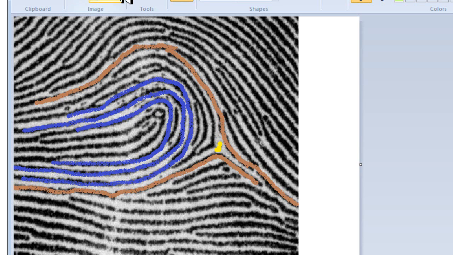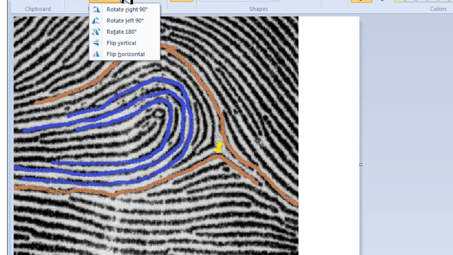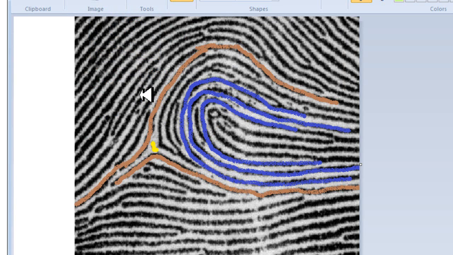And let me just explain that by rotating it or flipping it horizontally. And now we have the same analogy that works perfectly well. It just is displaying the print in a different orientation, and it's coming from a completely different direction.